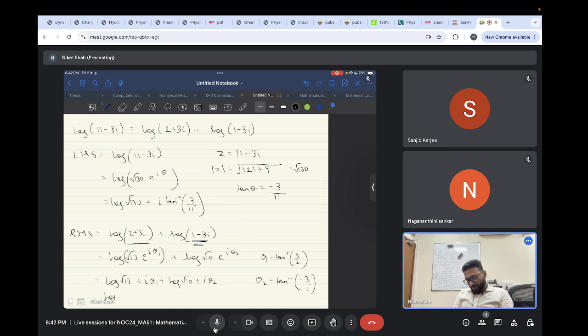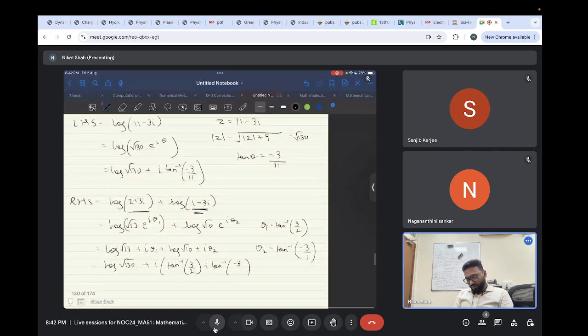Therefore, log square root of 130, which I already get, plus i times tan inverse 3 by 2 plus tan inverse of minus 3 by 1, minus 3 basically. So these are the two values here. How do we evaluate tan inverse A plus tan inverse B?